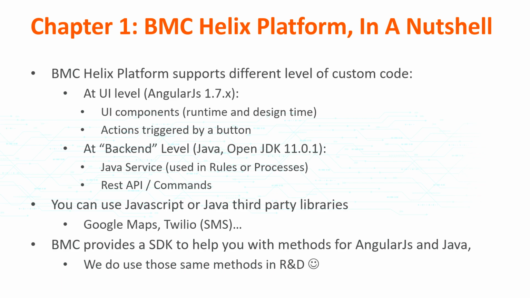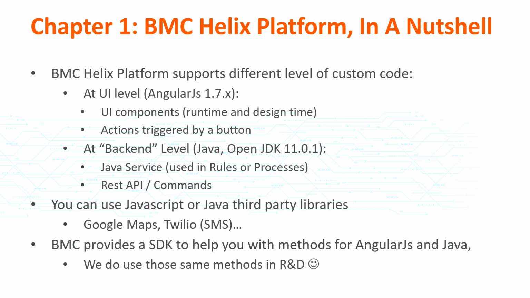Then on the backend level, using Java, OpenJDK 11, you can create a Java service that can be used in processes, or you can create REST APIs or commands. The great thing is you can use third-party libraries, whether in JavaScript, like Google Maps, for example, or Signature, or you can use third-party libraries in Java as well.